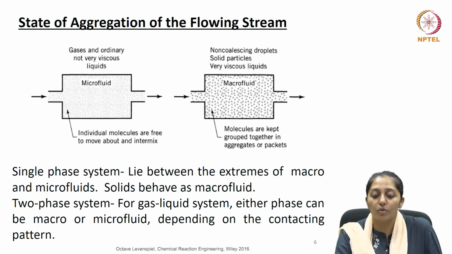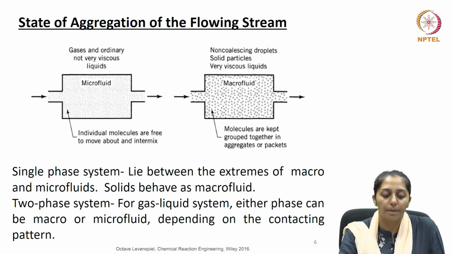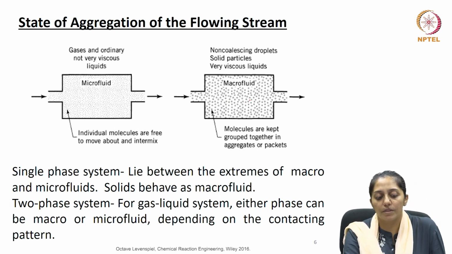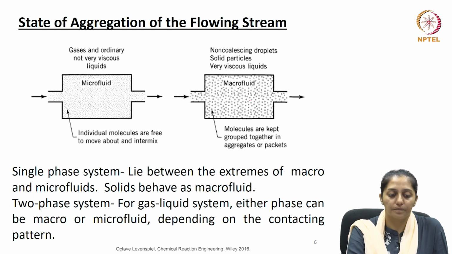Non-coalescing droplets or solid particles or very viscous liquids are some examples of macrofluids. So, you can see here in the picture, the molecules are grouped together as aggregates or as packets. So, this is the way the two fluids can behave differently. One is the microfluid and the other is macrofluid.